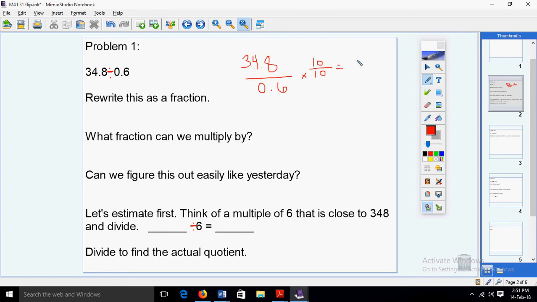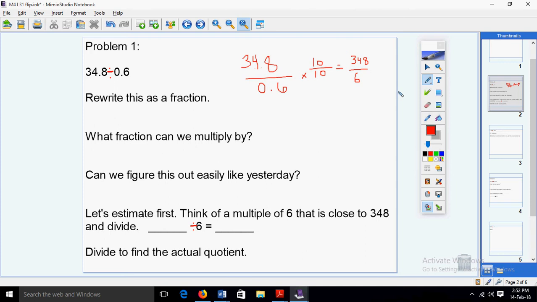So 34 and 8/10 times 10 is going to be 348 over 6. All right? Now, is this easy like yesterday? Not quite, just because we can't right away figure out how many times 6 can go into 348, but we can estimate, okay?